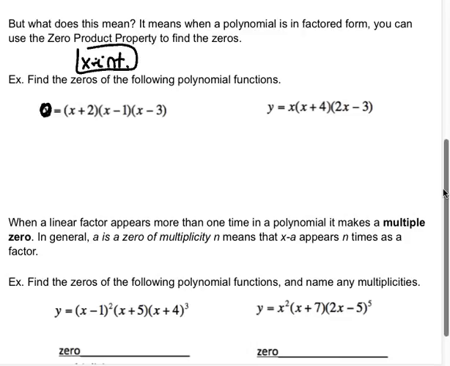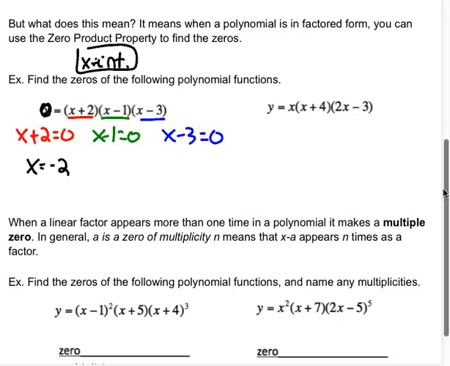Well, what that means is I need to figure out what makes x plus 2 equal to 0. I need to find, well, what makes x minus 1 equal to 0. I need to figure out what makes x minus 3 equal to 0. So in factored form, it's literally just looking at each piece and figuring out what makes it 0.